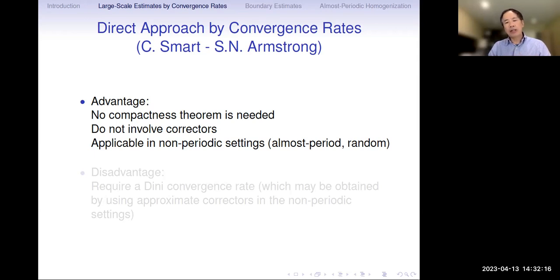But in order to carry out the iteration, you need the rescaled solution minus a linear function, minus another term, which is the corrector, to be a solution of the original equation for different parameters. That's why the corrector has to be involved. But this direct approach does not involve the corrector, so it has a lot of advantages.